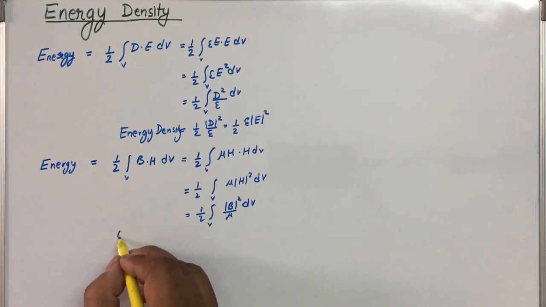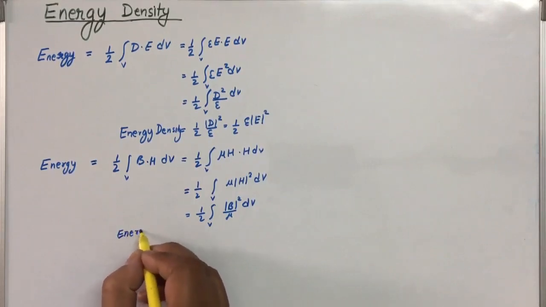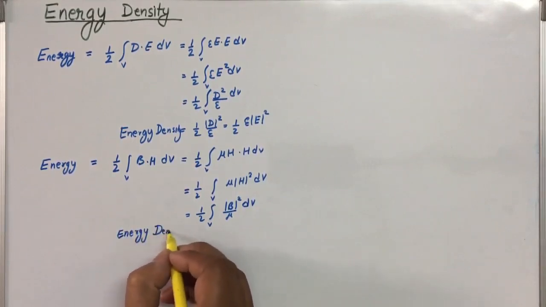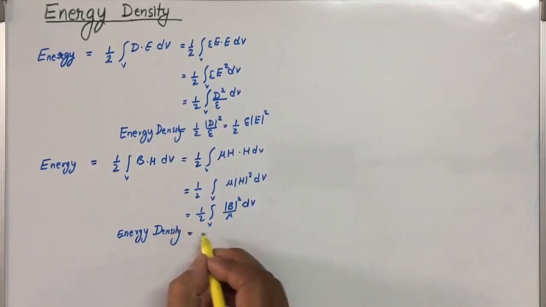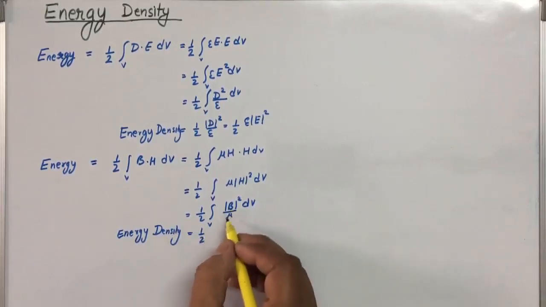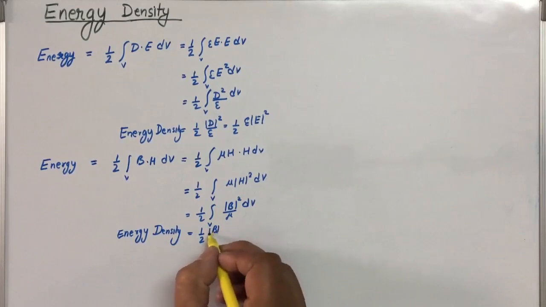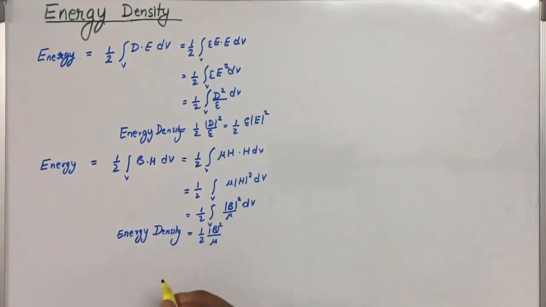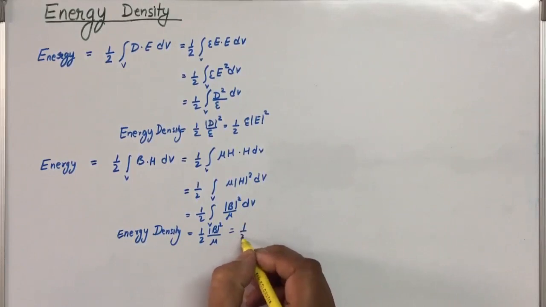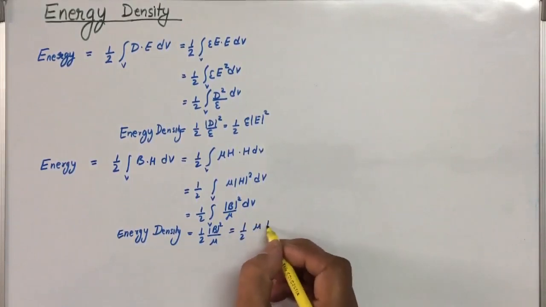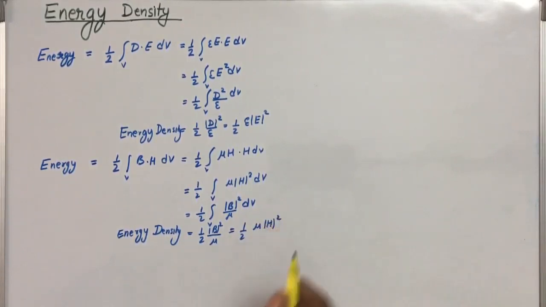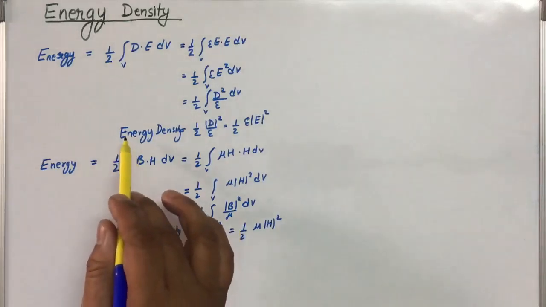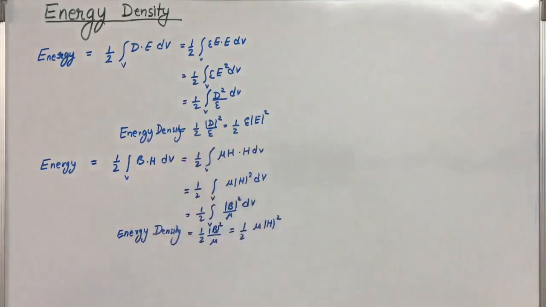If we try to find the energy density, then we have half B square by permeability, or half permeability times H square. So in this way we can find the energy density in the case of the magnetic field, as it is in the electric field.